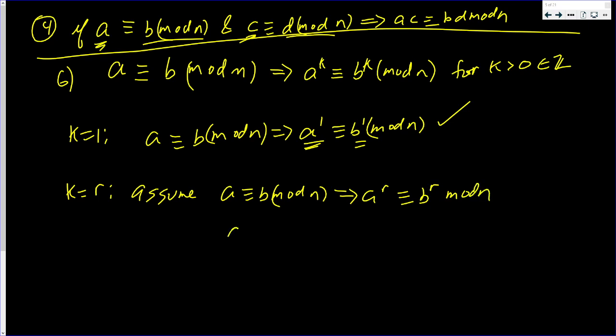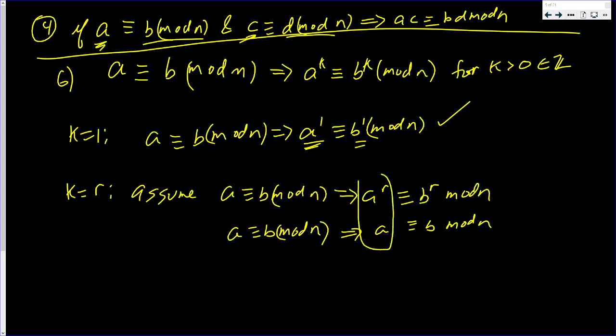And we also know, let me say it the long way, A congruent to B mod n implies that A is congruent to B mod n. Nothing magical there. But now we're going to invoke rule number 4.